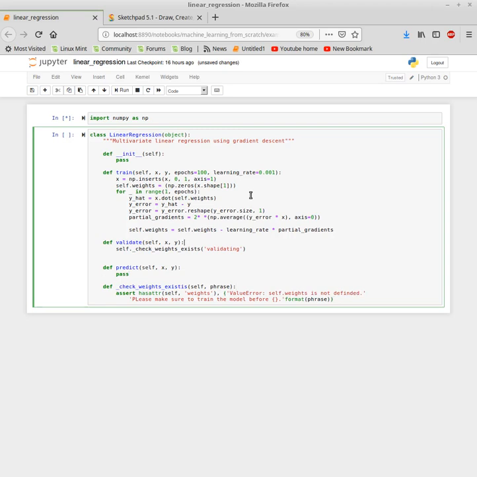So this will just check to see if weights is defined. The only way that weights will be defined is if we trained it, otherwise it's not initialized. So if it's not defined, then we're going to say, hey, weights is not defined, so that means this model wasn't trained, so we should train it.